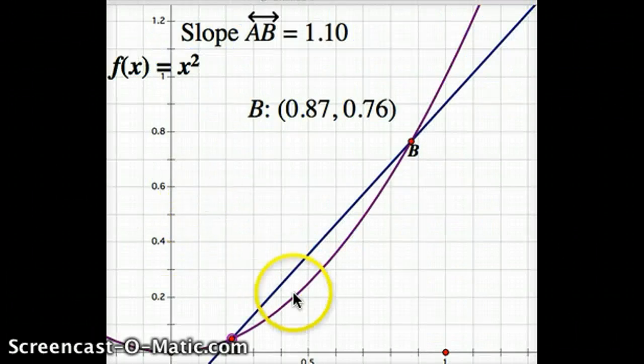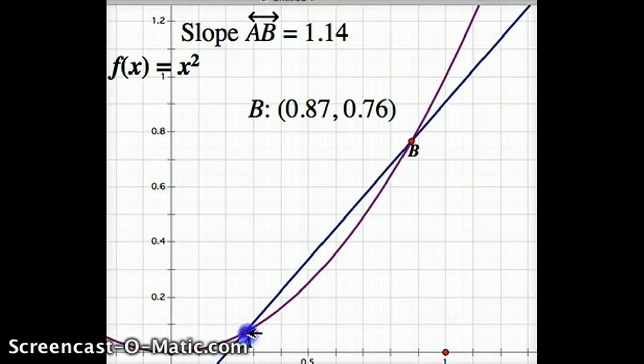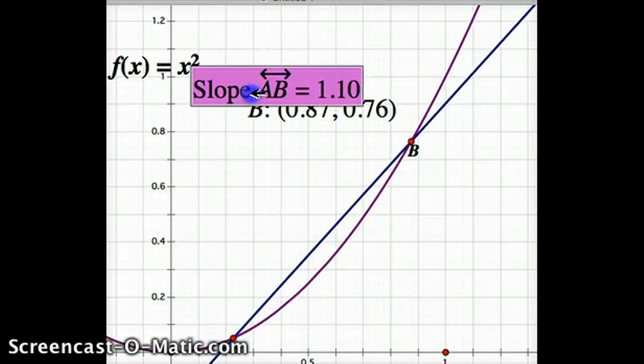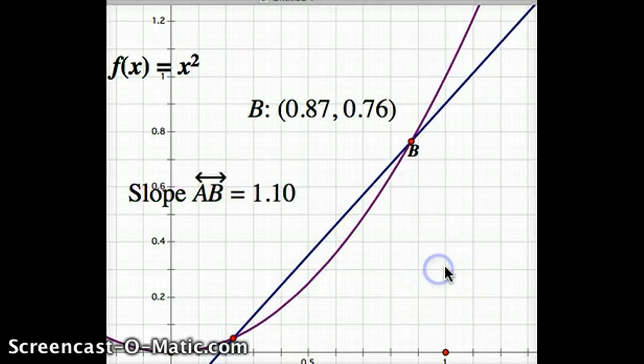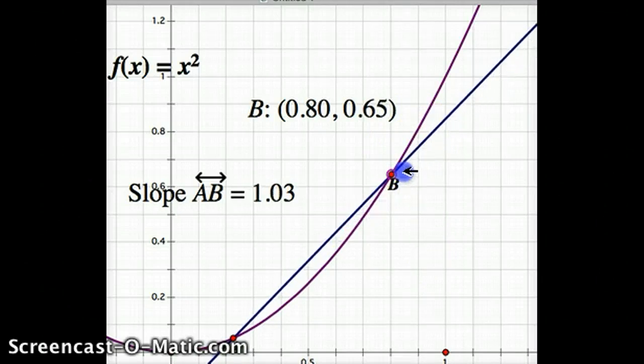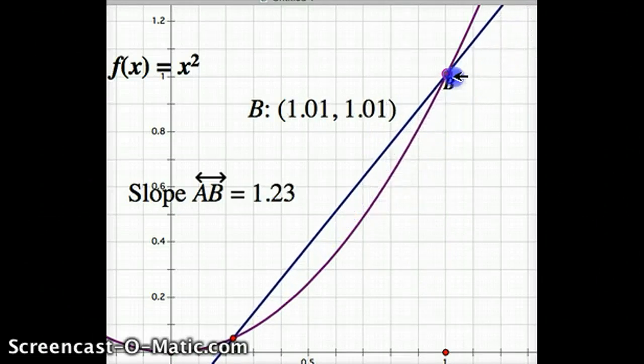Okay, so we're back at our illustration here, and now you notice here I could take my point A, and we're looking at the slope. Here's the slope here, right? 1.10. We want to actually do the tangent line. So let's pick a value that makes sense. Here's 1. So you could see it down here at the bottom.